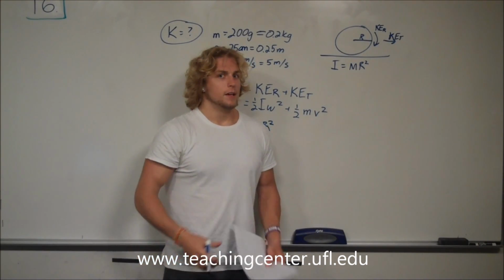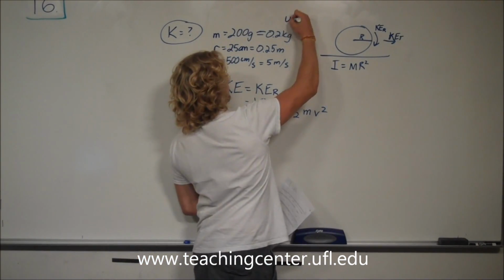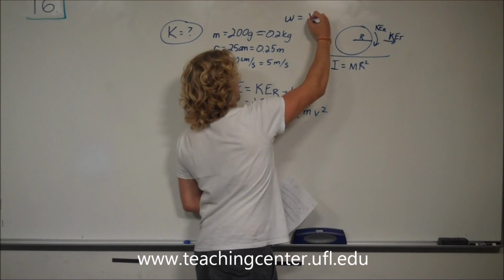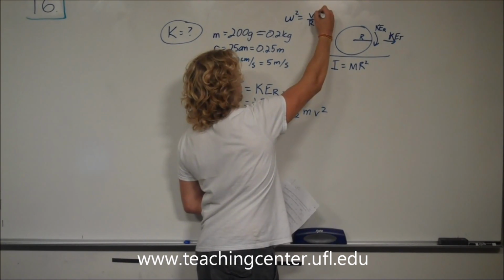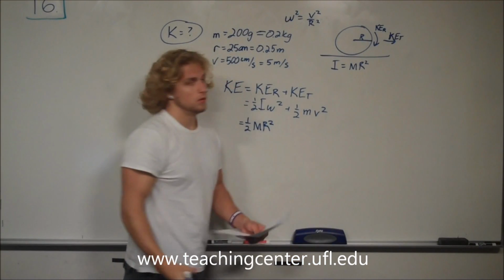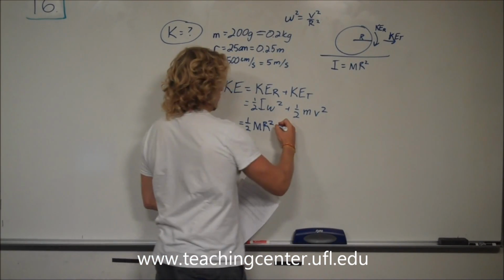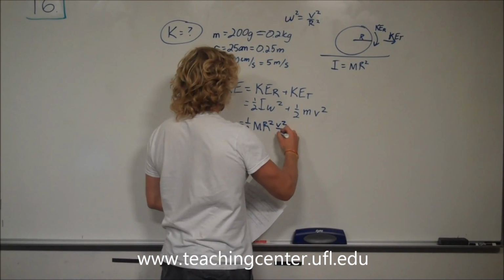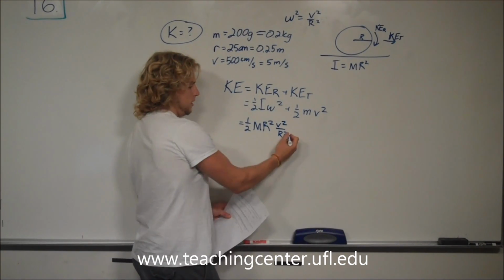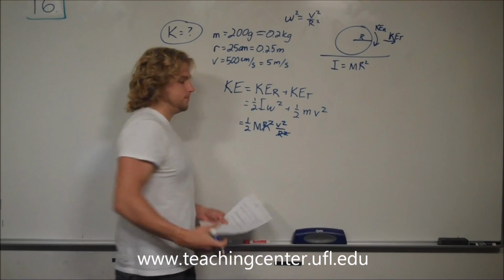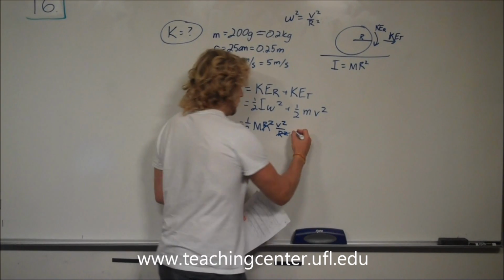Omega squared is, as we know, v over r. So let's square it. So, v squared over r squared. Hey, this crosses out. Don't need to worry about it.